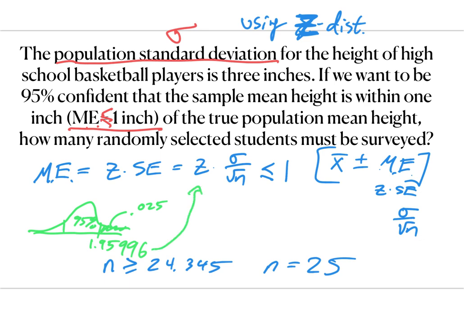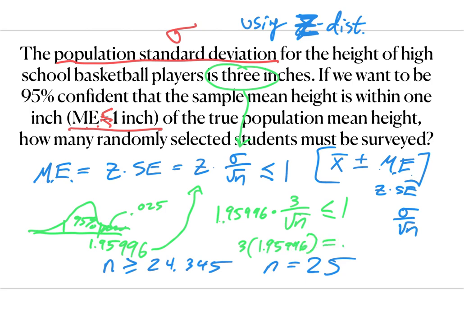That goes right here. I know sigma. It was given to me, and it is 3 inches. That goes right there. So then I have 1.95996 times 3 over the square root of n, less than or equal to 1. Now it's algebra. Multiply both sides by the square root of n. I'll have 3 times 1.95996 equals the square root of n.